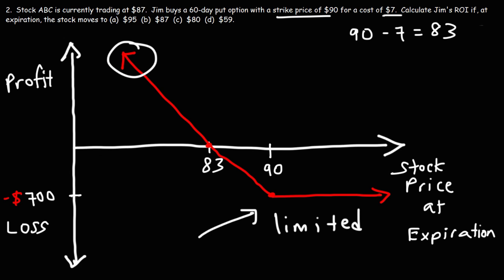We can't really say that it's unlimited because there's a limit to how far the value of the stock can fall, and that is 0. I haven't seen a stock fall down to a negative price. If it could, then this particular strategy would be unlimited. But because we haven't seen negative stock prices before, this strategy is limited until the stock goes to 0.